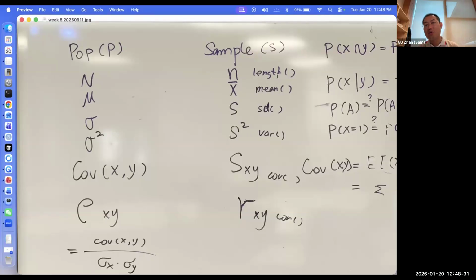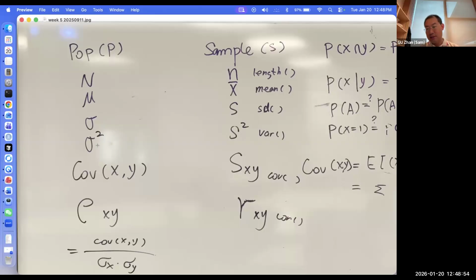You can use the R function length() to get how many elements there are in the list or in the sample space. For the population, the mean is mu, and for the sample the mean is X bar. For the population, the standard deviation is sigma, and the sample standard deviation is s.